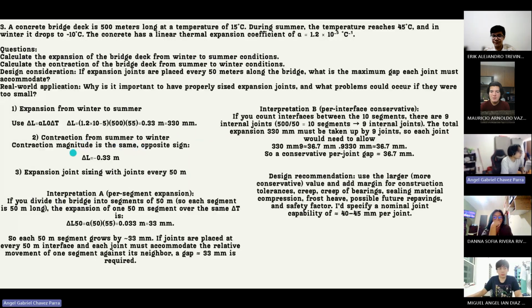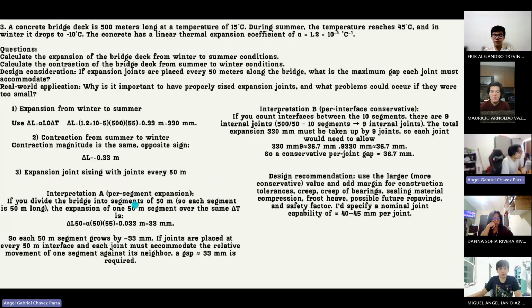Contraction from summer to winter: the contraction magnitude is the same, opposite direction, delta L is 0.33 meters.